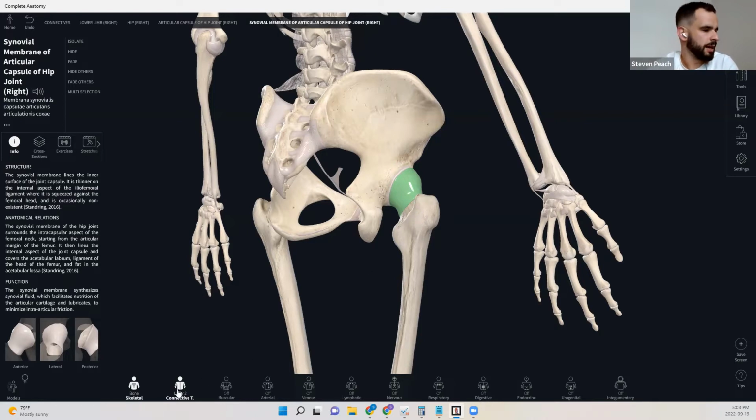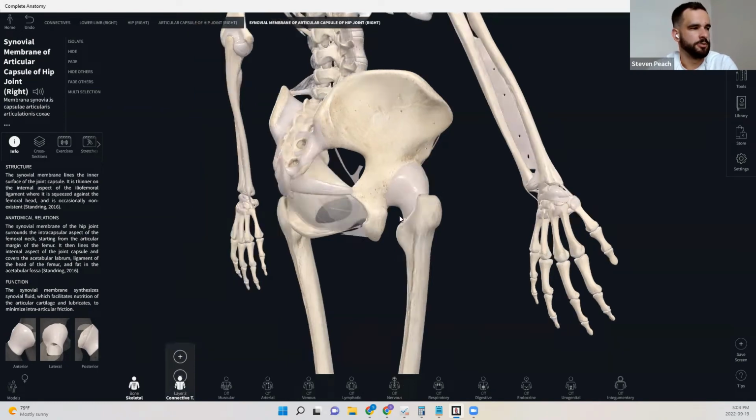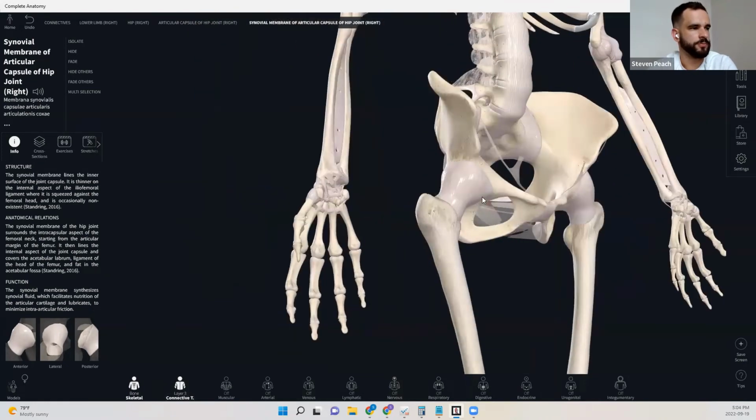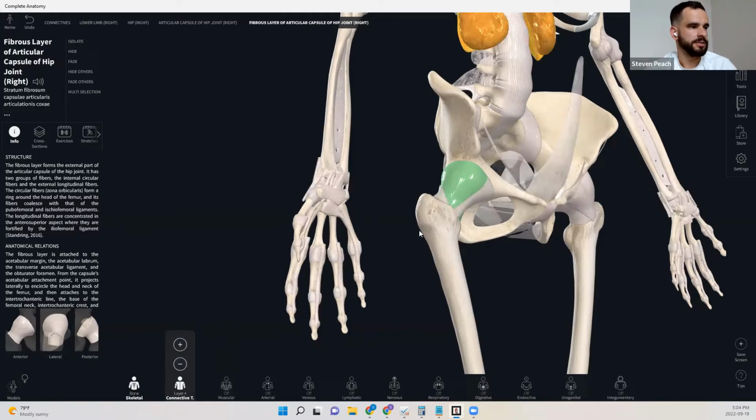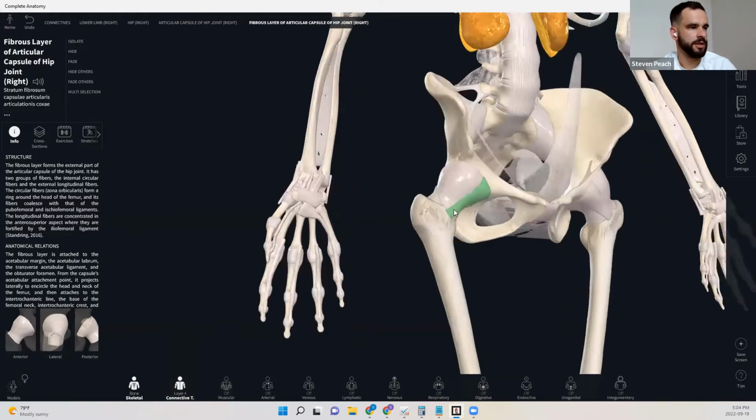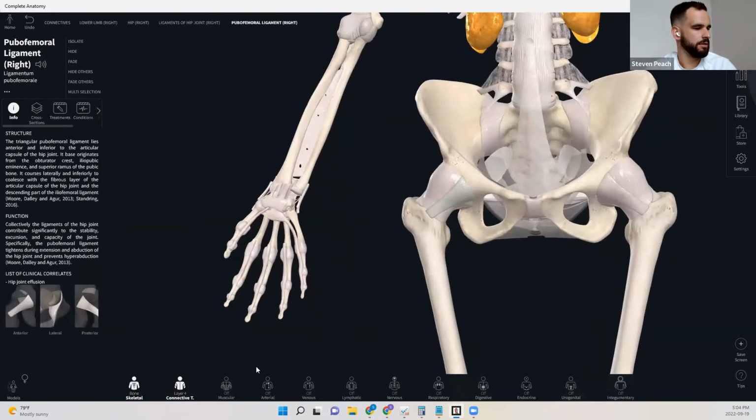Okay, so if we keep adding more layers here, we start to see a little bit more of that joint capsule. Then we start getting into that thick, fibrous connective tissue around the joint, almost like shrink wrap around the joint. We start adding in ligaments, where we start seeing some of them around the hip as well.